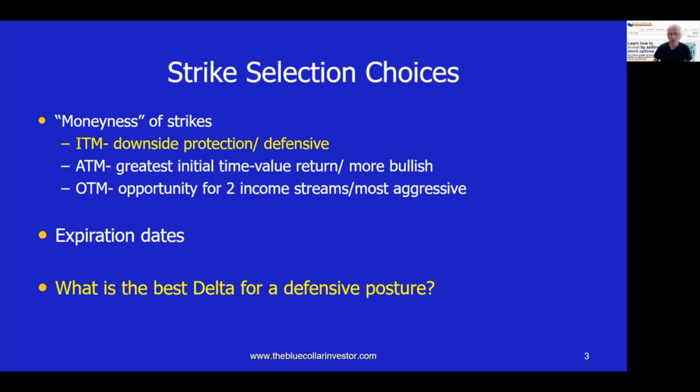Plus, shorter term options give higher annualized returns. So, what is the best delta for a defensive posture? Well, I kind of already hinted that the delta for a defensive posture would be higher, closer to 1 or closer to 100 per contract. So between 0.5 and 1.0. So that would be a more defensive posture to take.